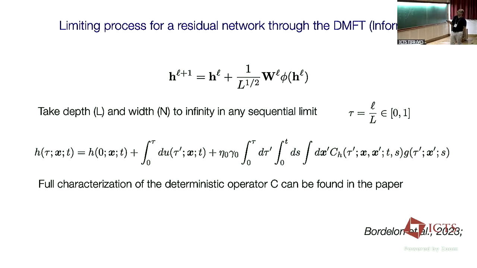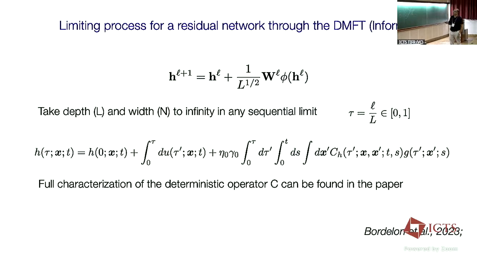I put here a factor of L^{-1/2}, but for a second, suppose this was 1 over L. This is like an Euler step. So in that case, in the infinite depth limit, you can define a continuum depth variable and think of the evolution across depth as a differential equation. In the case of L^{-1/2}, which is more interesting, this is like a random number. So in the infinite depth limit you get an SDE that goes from the network's beginning to its end.